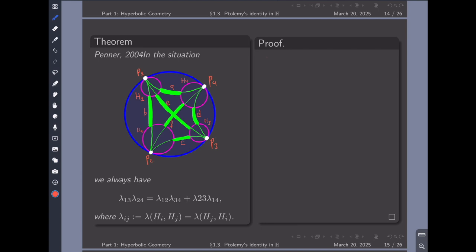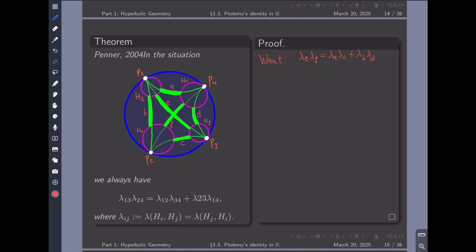So what I want is to prove that lambda E times lambda F is equal to lambda A times lambda C plus lambda B times lambda D. That's what I want.